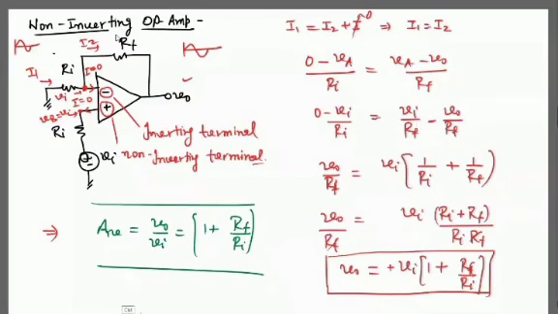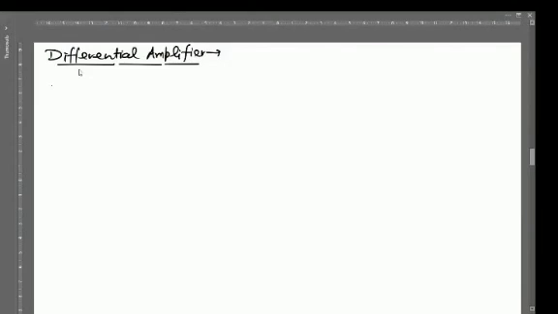Okay. Now, next point: differential amplifier. Now we are moving towards the application part of this operational amplifier, how we can implement different kinds of circuitry.